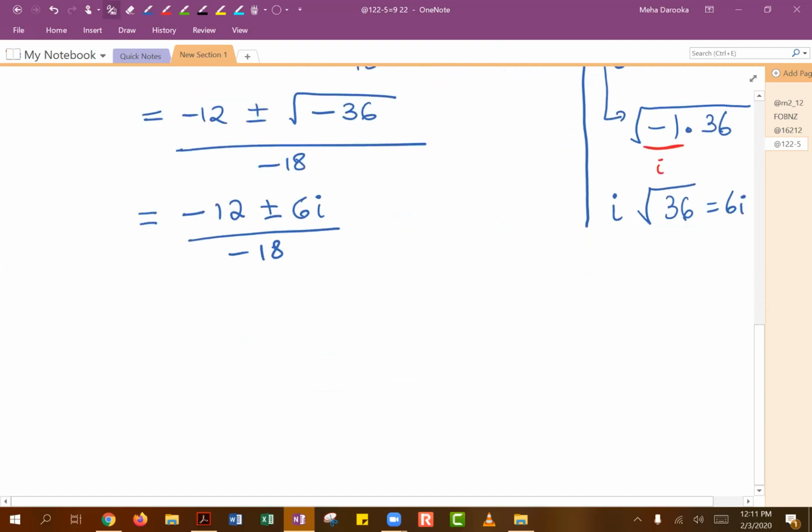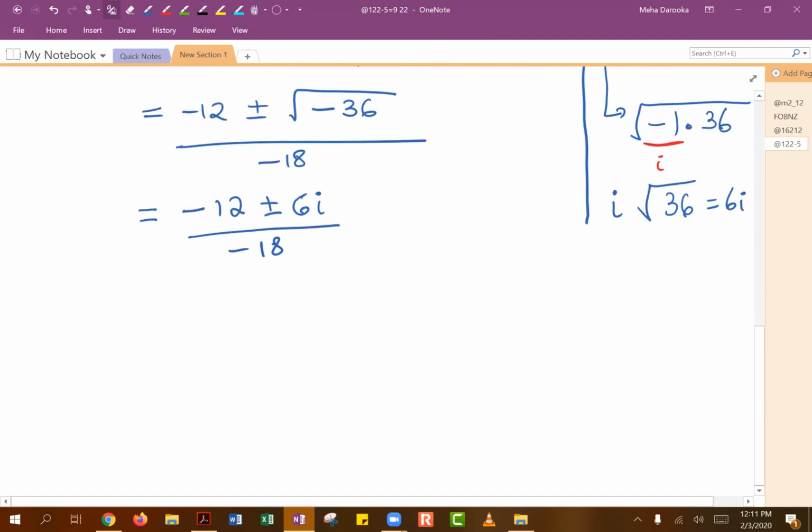Okay. What do you see common between 12, 6, and 18? Go with the largest number that is common. So that's actually going to be 6. So on my numerator, I'm going to bring outside a -6.